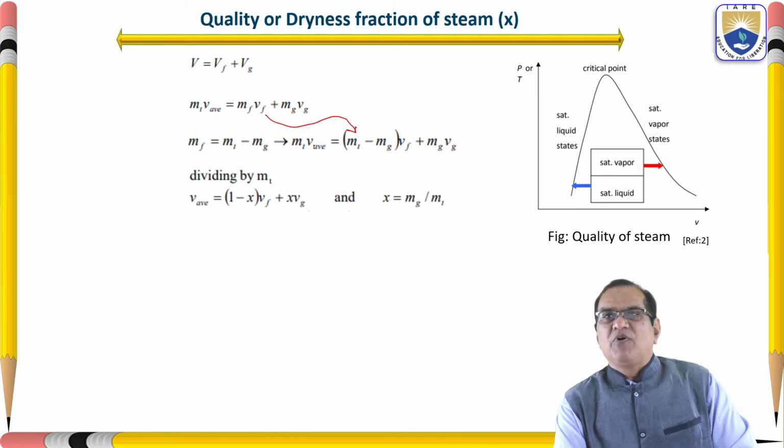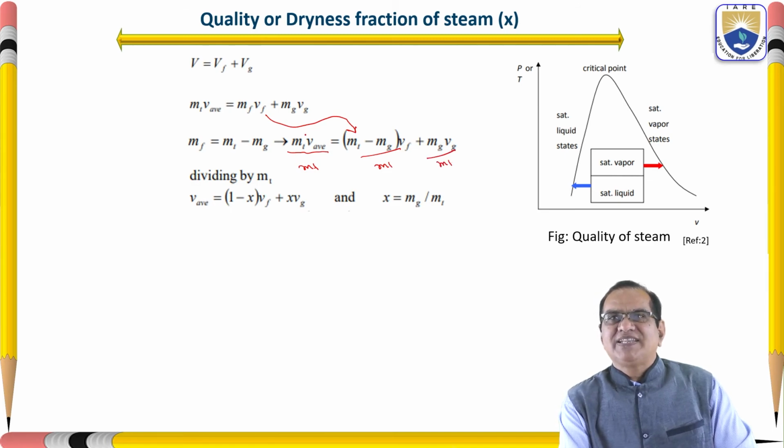Now if we divide both sides by mt, here also mt, and here also mt. So what we get, this mt cancels, we will get average specific volume equal to this cancel out. So here we will get 1 minus mg by mt is equal to x.